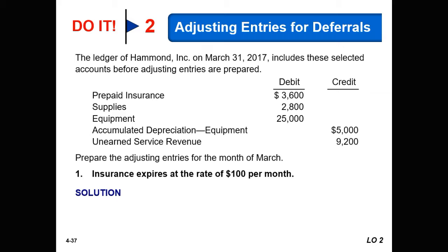So we will recognize the expense for the current month, the expiration amount, and that is an insurance expense of $100 per month. And we will reduce our assets, prepaid insurance, by $100. No longer will we have that $100 worth of coverage left.